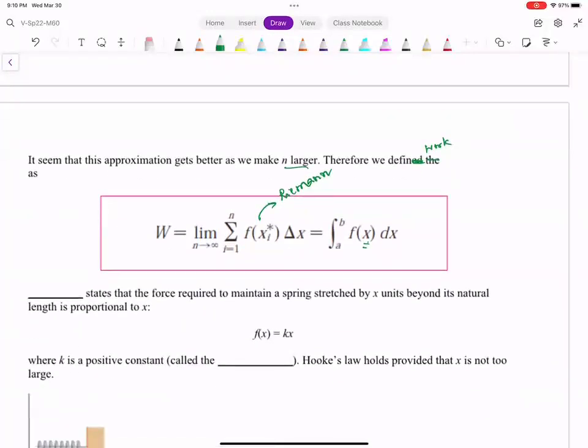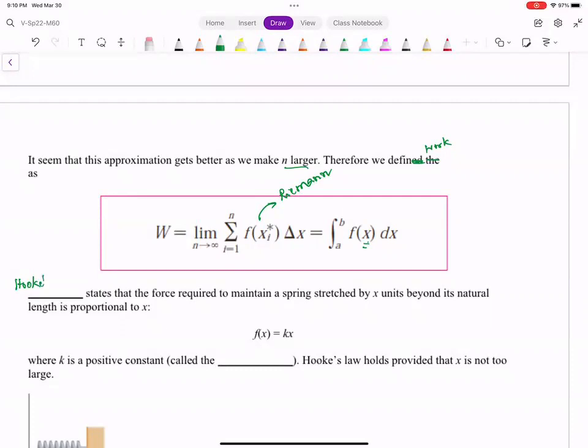Now to do the problems of this exercise, we need a law from physics, which is Hooke's law. So we are going to use Hooke's law to do some of the problems here. So what does Hooke's law say?